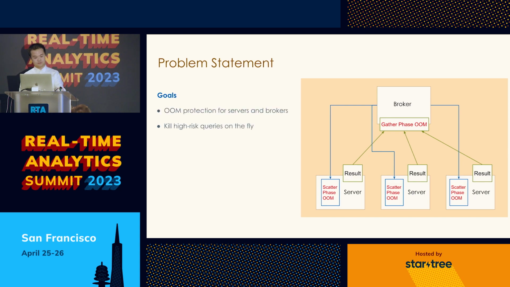So we will need to protect both our servers and our brokers from out-of-memory exceptions by killing the high-risk queries on the fly, for which we will need a generic framework that fits both our broker and server.